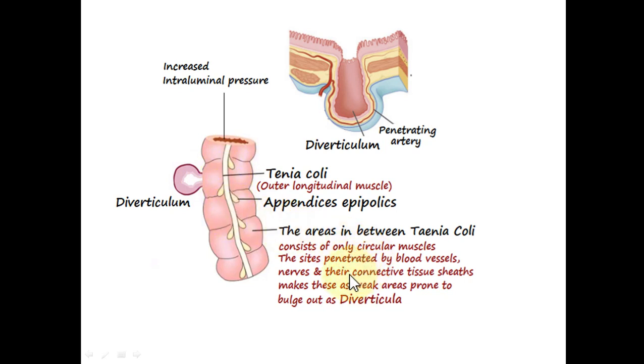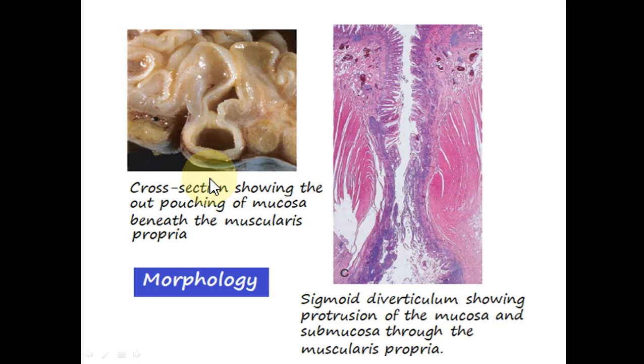So these weak points form the sites where the intraluminal pressure will push the mucosa and submucosa to form an outpouching or sac or a diverticulum. Mostly these diverticula are sites where the stool can become impacted, and these are the sites where bacteria can colonize and populate and result in inflammatory conditions called diverticulitis.